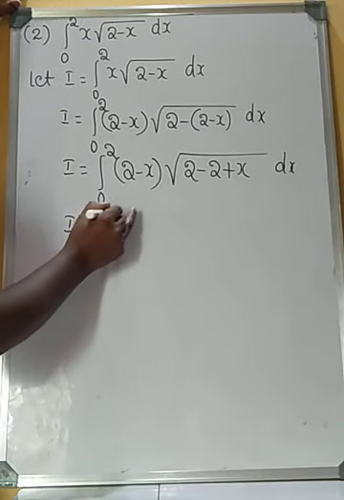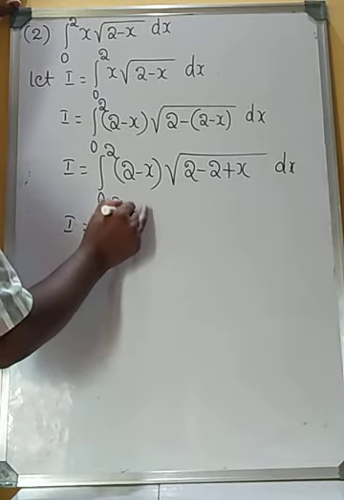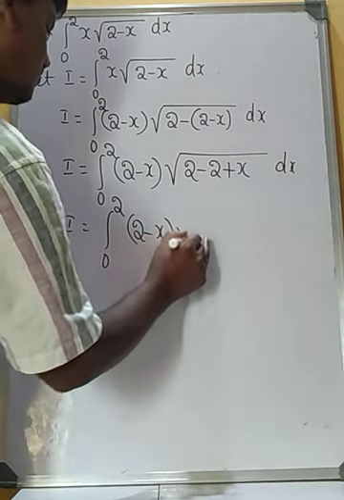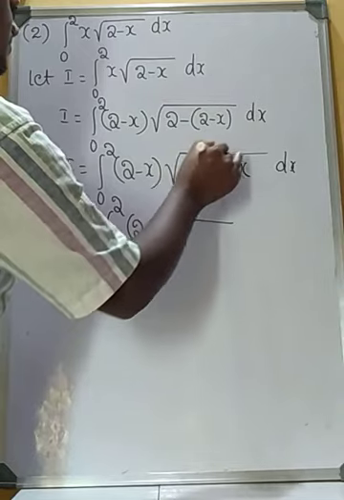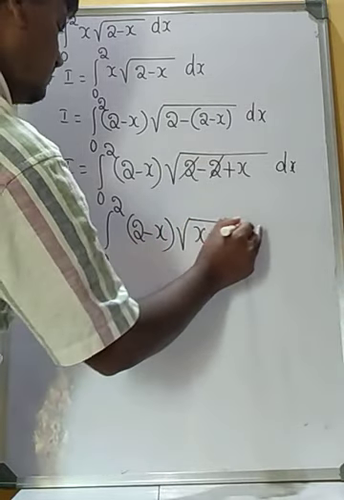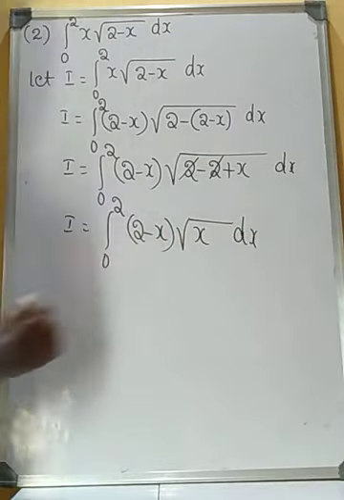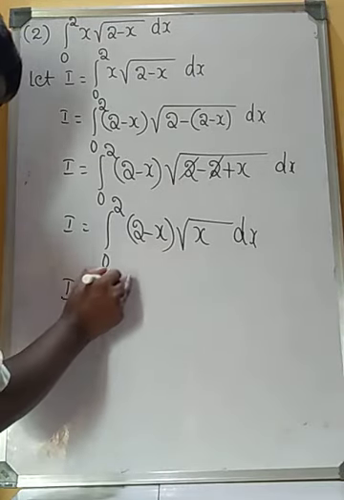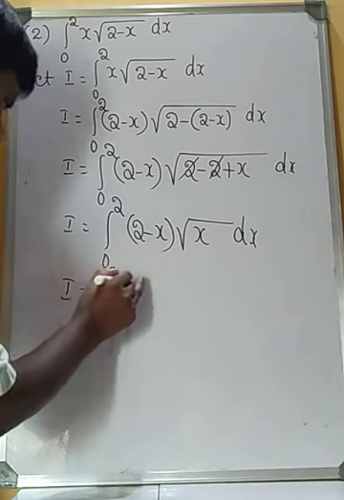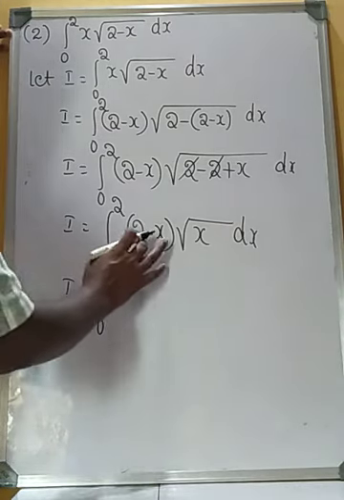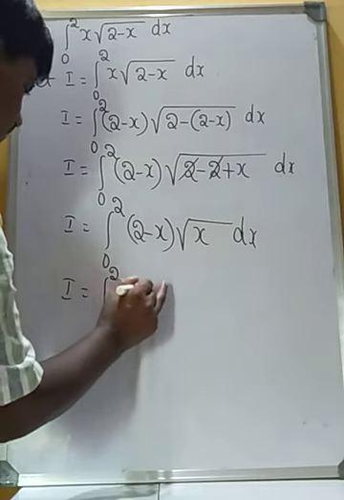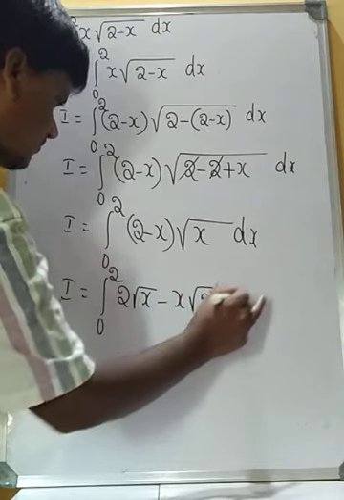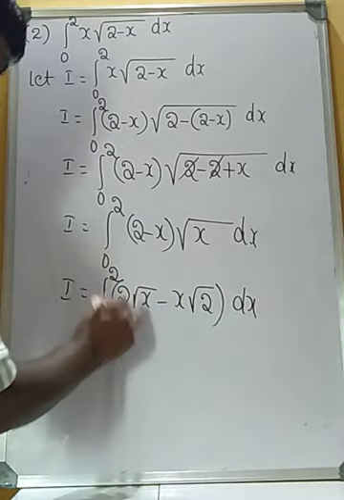The plus 2 minus 2 gets cancelled, leaving root x into dx. So I equals integral 0 to 2 of 2 into root x minus x into root x into dx.